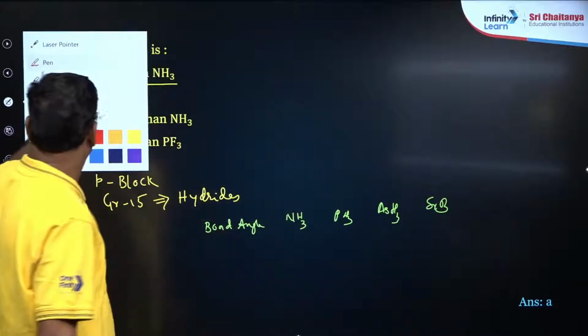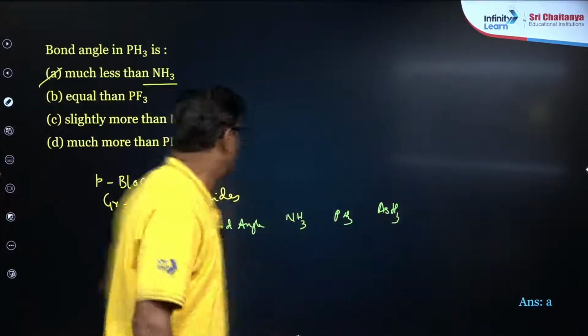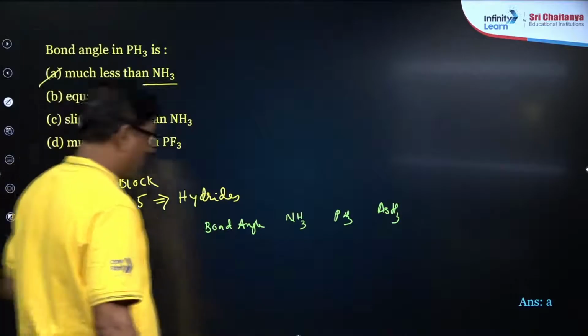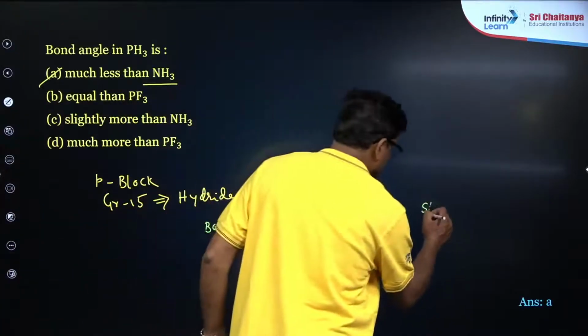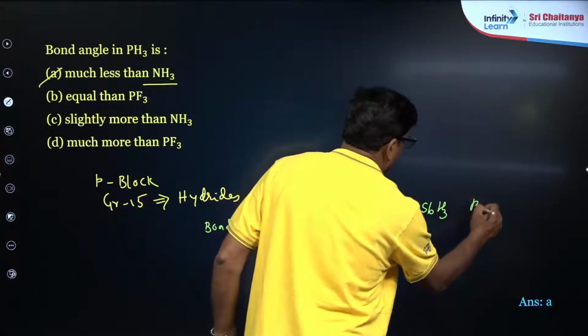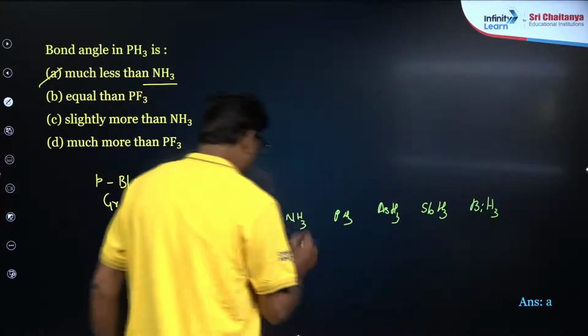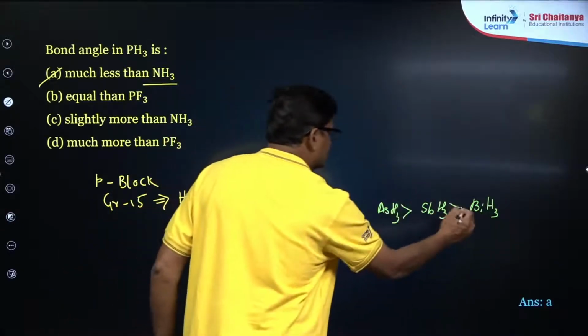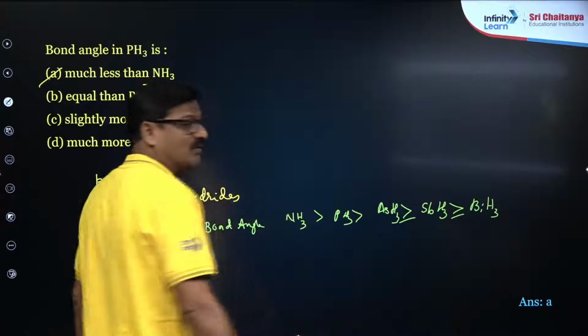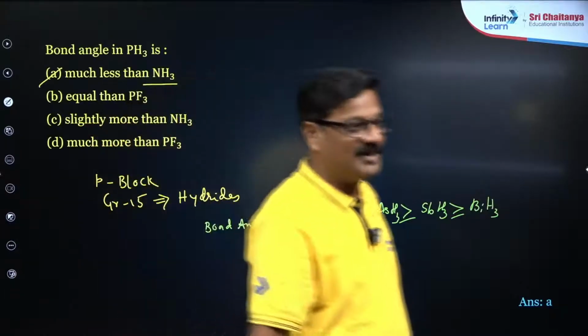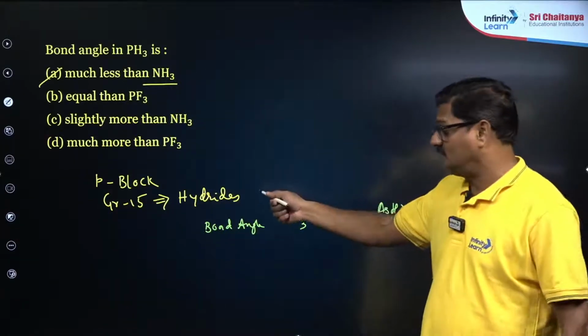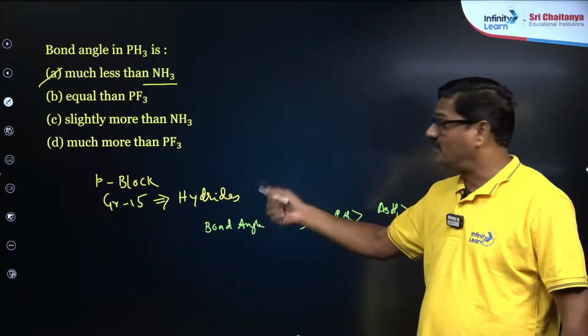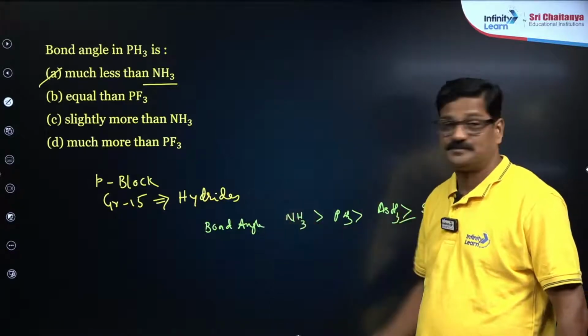The bond angle gradually decreases, through SbH3 and BiH3. So the bond angle is going to decrease and it is almost equal to 90 degrees at the last. Remember? So connect with the NCERT textbook and you can do many good things for that, right?